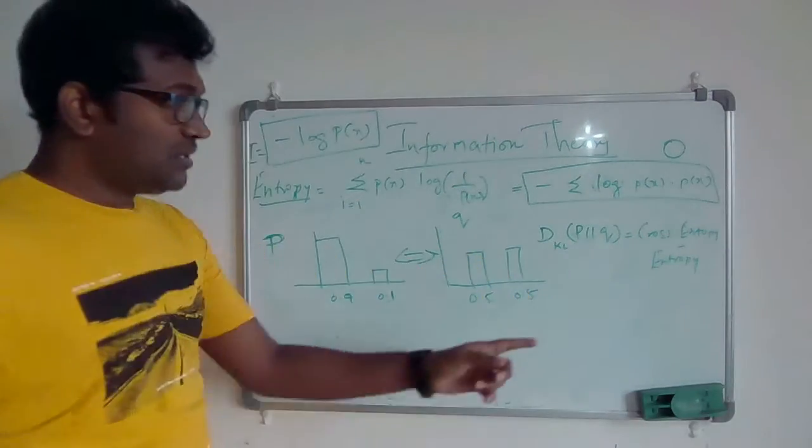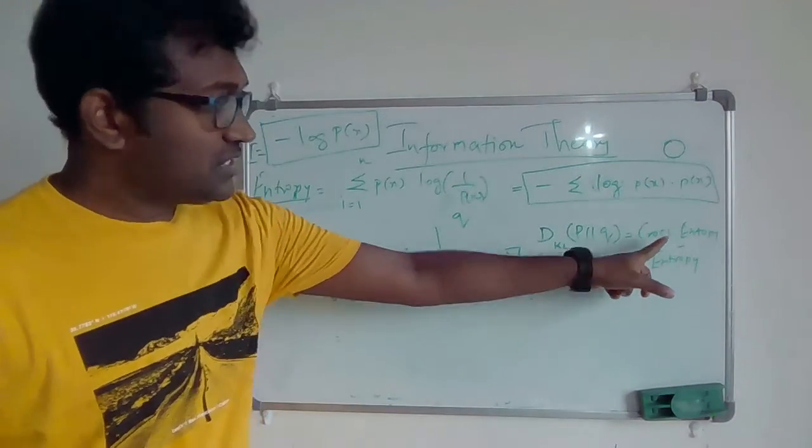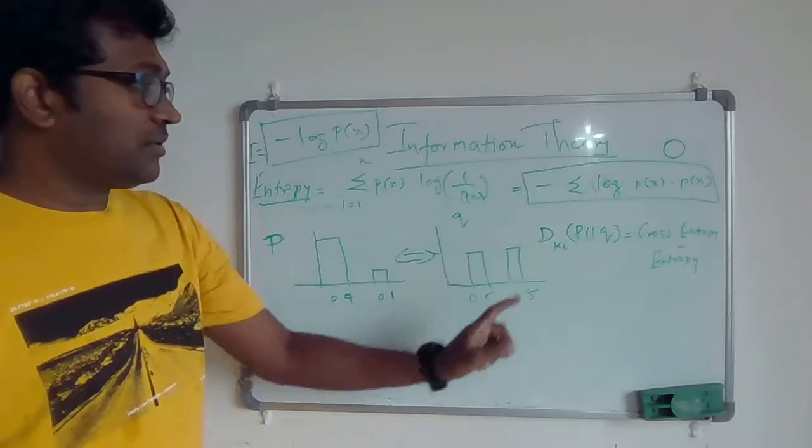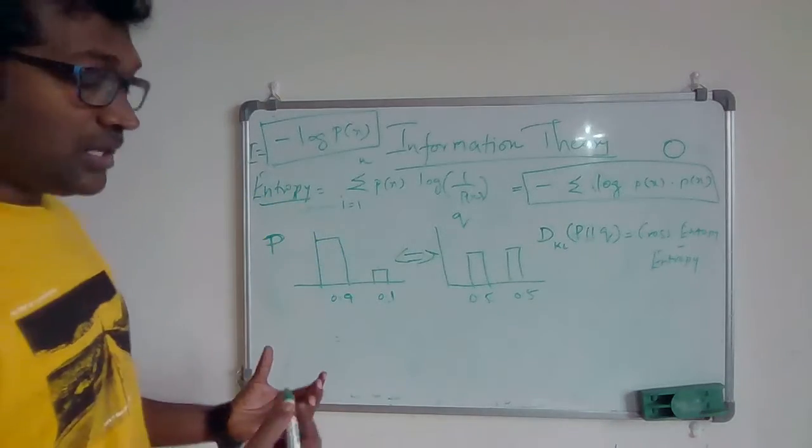Now we have seen entropy. We will see what cross entropy is, and then we will see what KL divergence is. Basically, we are trying to compare two distributions.